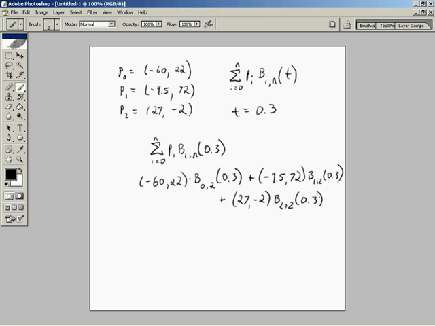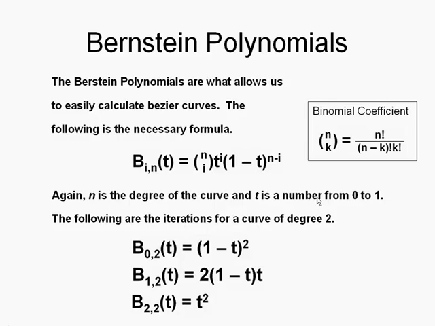Now we need to expand this entire thing out based on the Bernstein polynomials. If I switch over into PowerPoint real quick, you'll notice I put some of the iterations for the Bernstein polynomials here. At 0, comma 2, it's 1 minus t squared; at 1, comma 2, it's 2 times 1 minus t times t; and at 2, comma 2, it's t squared.